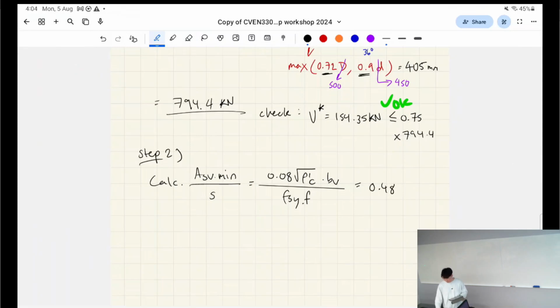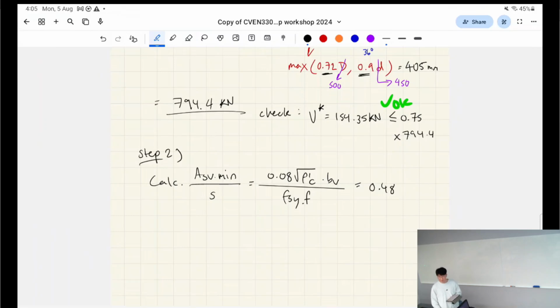But I want you guys to have a think about this. Is fsy.f the same as fsy? So fsy is the yield strength of the steel. fsy.f sometimes is a different number, but we only use it in shear design. fsy.f is the yield strength of your steel when it's used as a fitment.